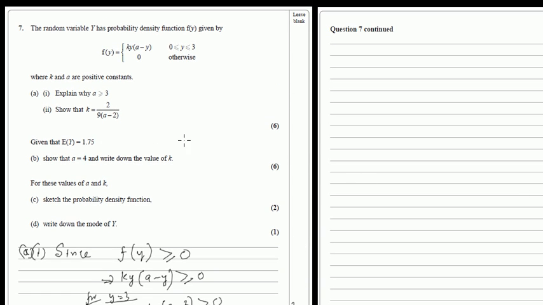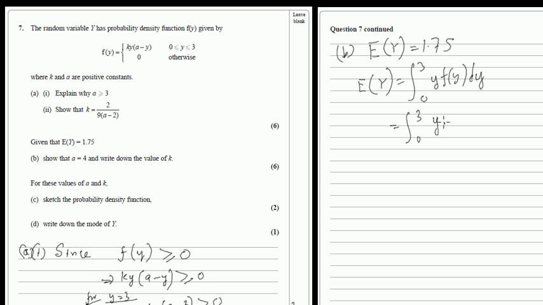The next question after that is, given the expected value, you have to be careful, you have to use y here. So the expected value is 1.75. That means the expected value is also equal to the integral from 0 to 3 of x f(x), meaning y f(y) dy, which means 0 to 3 y, in place of k we can write 2/(9(a − 2)). This is a constant.